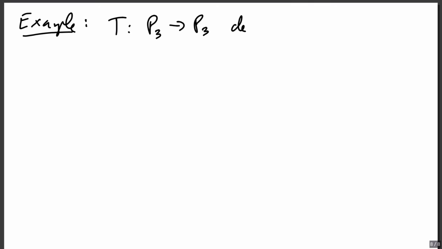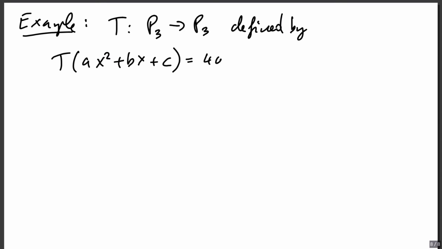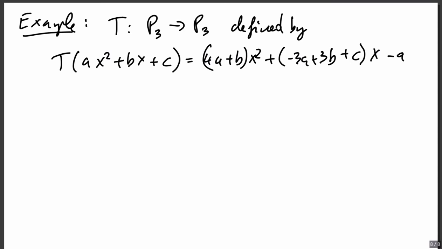So an example for inverses. T is from P3 to P3, polynomials of degree 3 or less. It's defined by T of ax squared plus bx plus c equals 4a plus b x squared plus minus 3 plus 3b plus cx minus a.